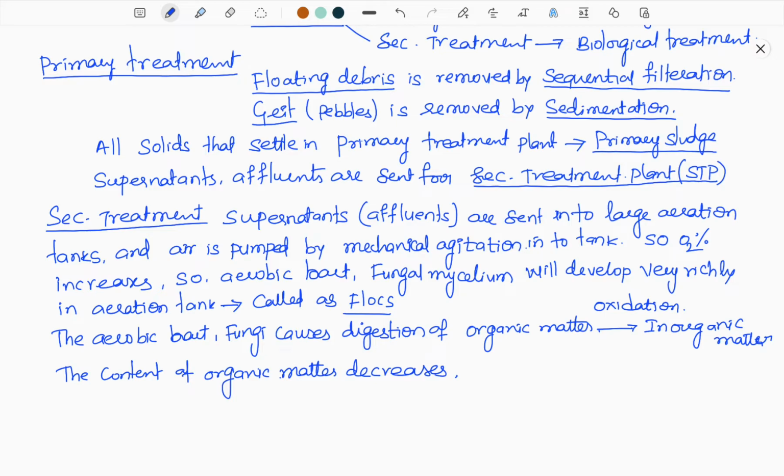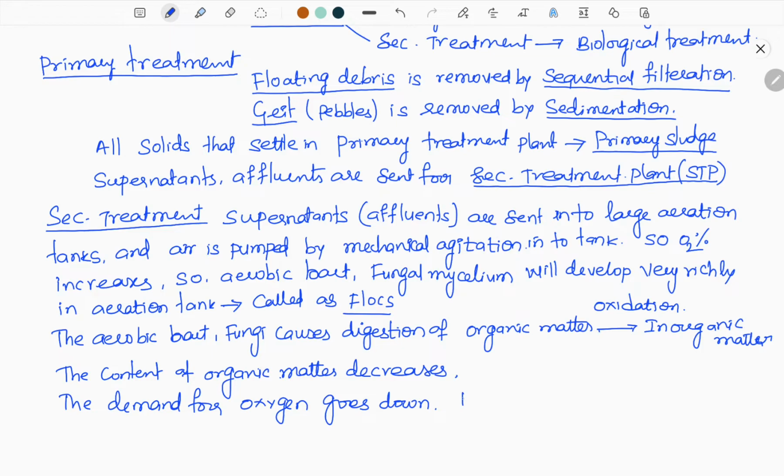But as the organic matter goes down, the requirement for oxygen also goes down.